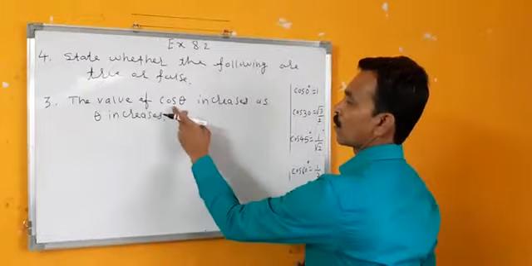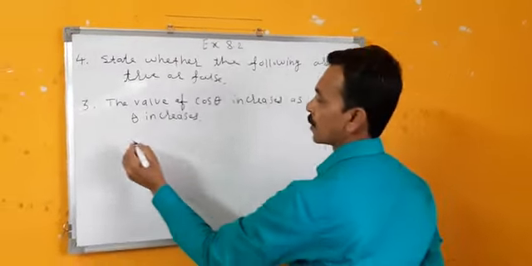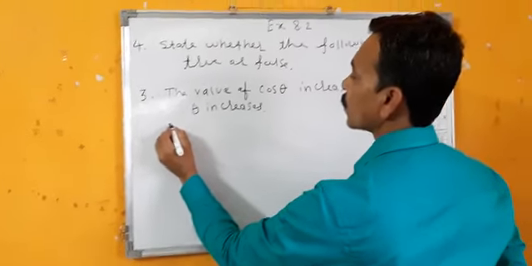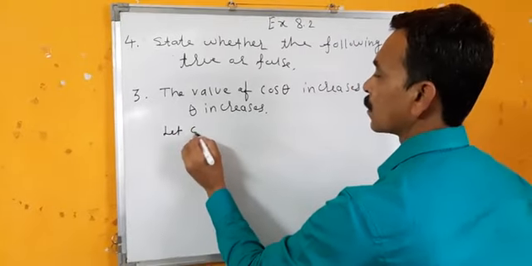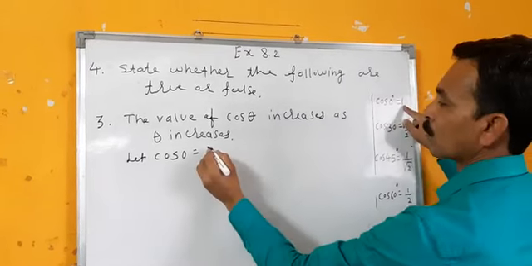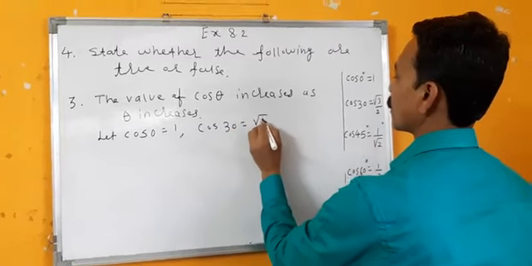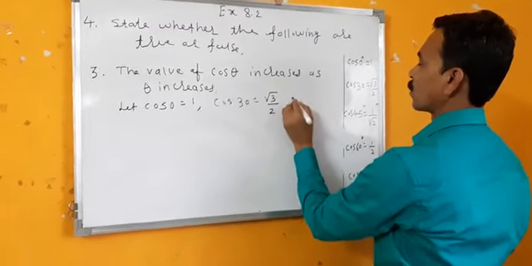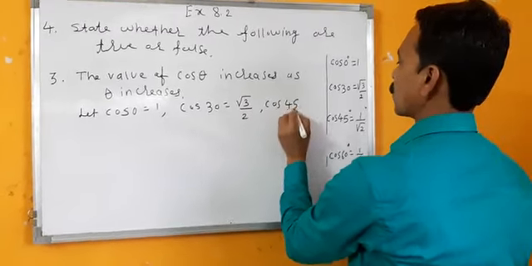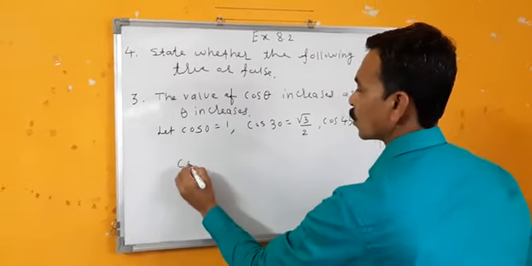Third, the value of cos theta increases as theta increases. Let's see. Cos 0 is equal to 1. Cos 30 is equal to root 3 by 2. Cos 45 is equal to 1 by root 2.